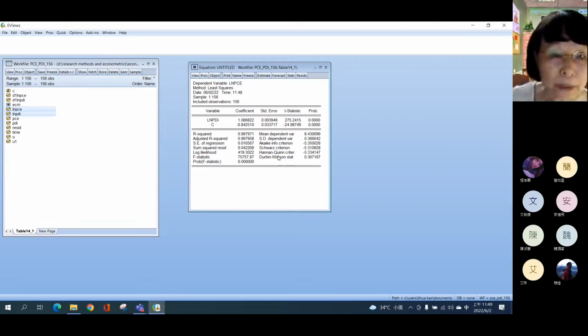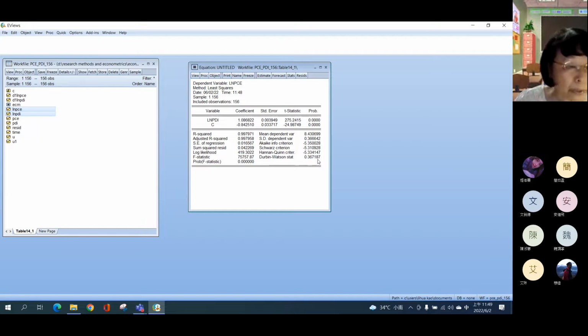Did you see this Durbin-Watson statistic, these numbers? What do these numbers tell us? The Durbin-Watson statistic was 0.3672. That raises the possibility that this regression might be spurious.